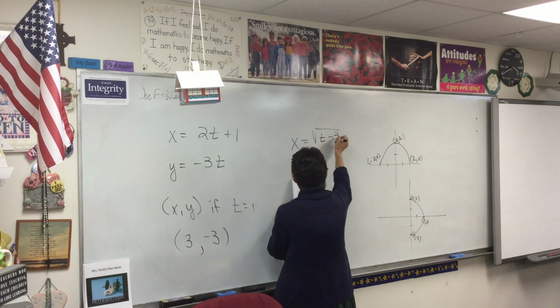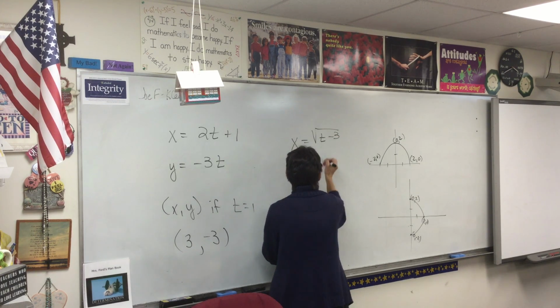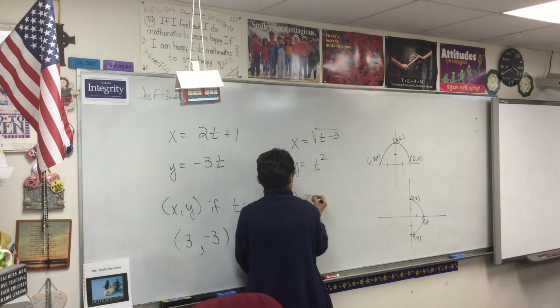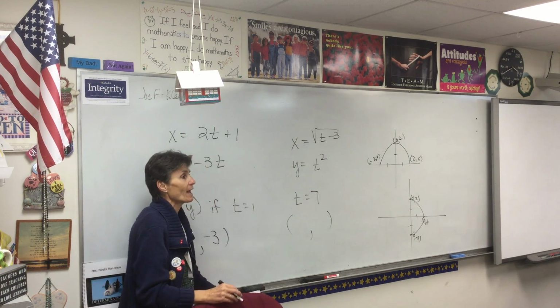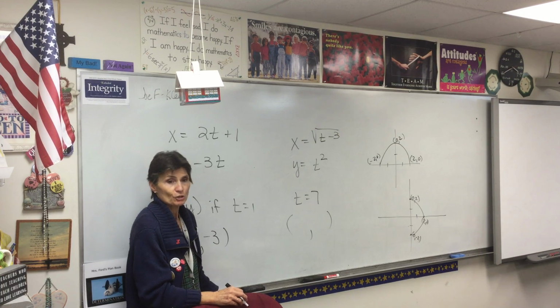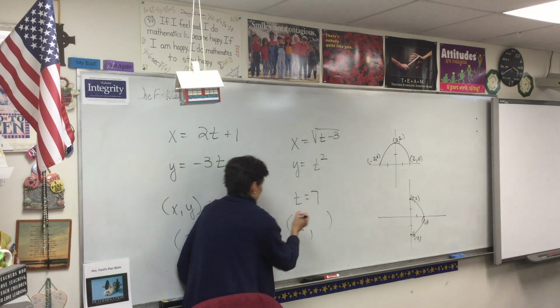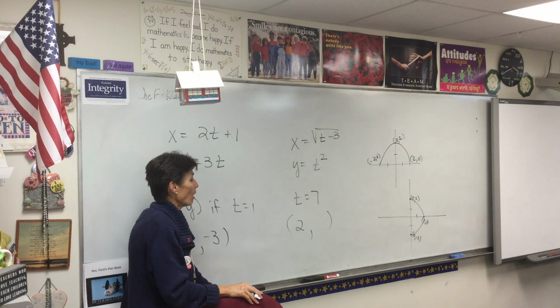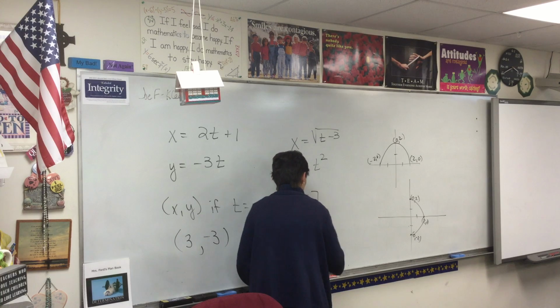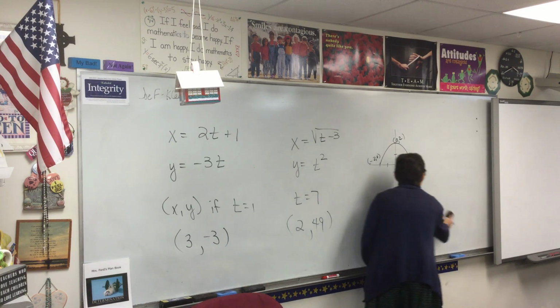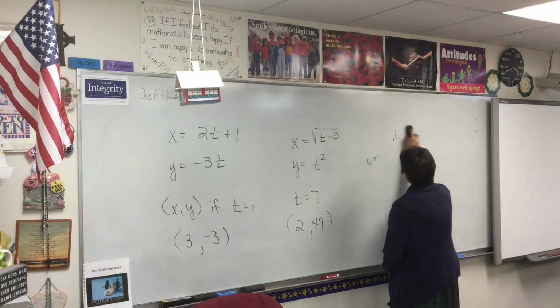Do not make this hard. We are letting t be 7. So what are we going to get for our x value? 2. What are we going to get for our y value? 49. Done. Simple.